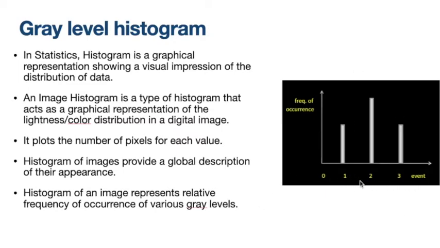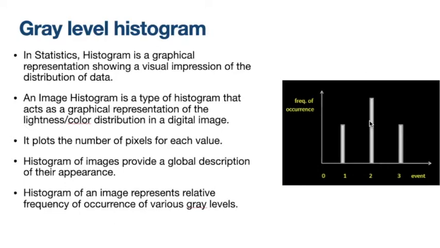Here you have some events 0, 1, 2, 3, and the frequency of occurrence of each event is shown graphically. The x-axis shows the event and the y-axis shows the frequency of occurrence of each event.